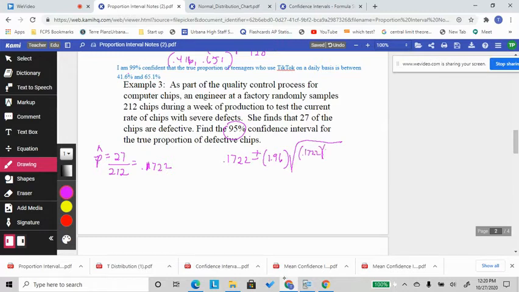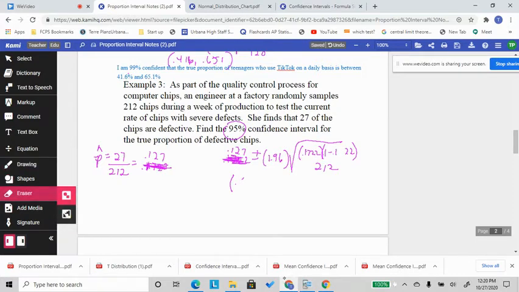Too much for me to think about, so I'm just going to write 1 minus 0.1722 over 212. I did that wrong. Sorry, that was one of my answers. I'm doing that wrong. Sorry. Little switch there.